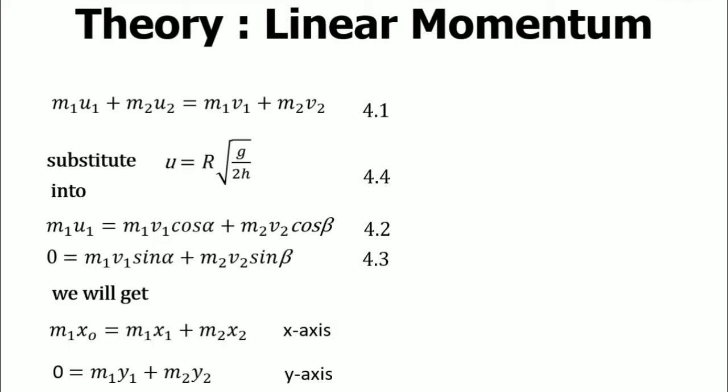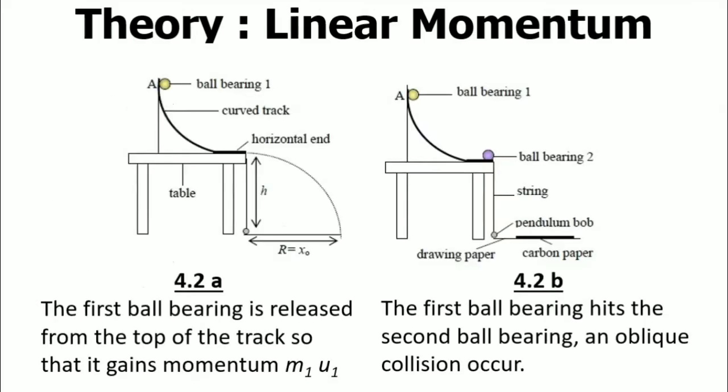As a result, we get the equation for the x-axis: m1 x naught equals m1 x1 plus m2 x2, and for the y-axis: 0 equals m1 y1 plus m2 y2. The setup for figure 4.2a is used to find the value of x naught. Meanwhile, the setup for 4.2b is used to measure x1, y1, and x2, y2.